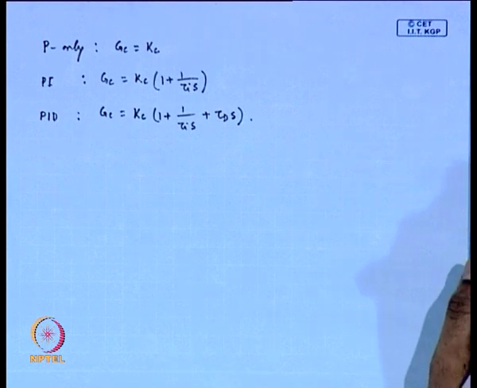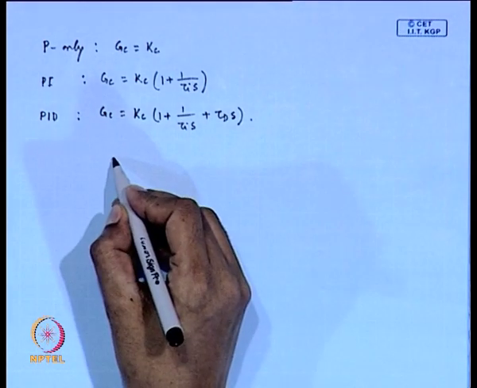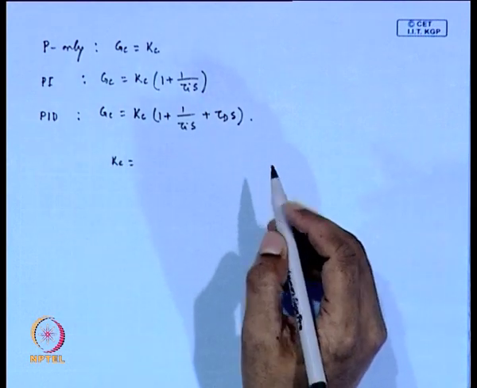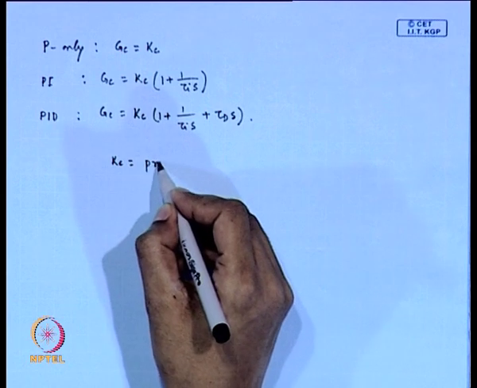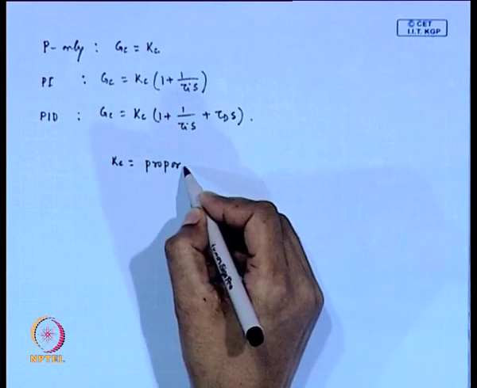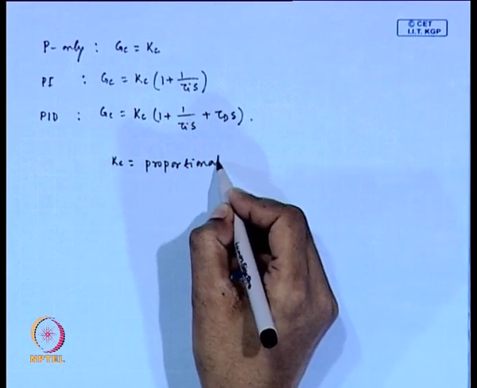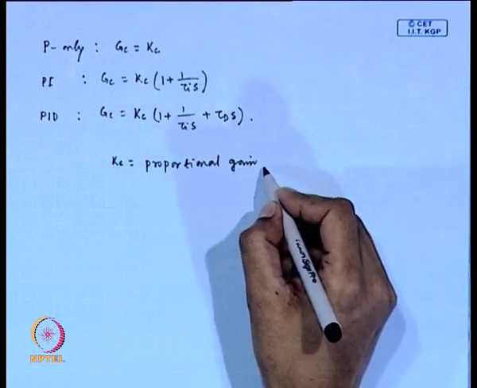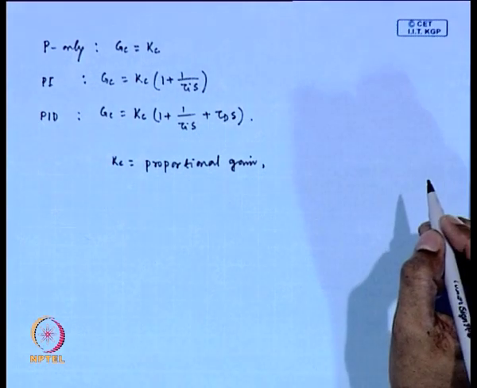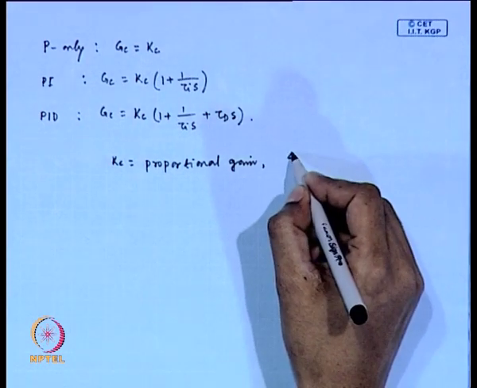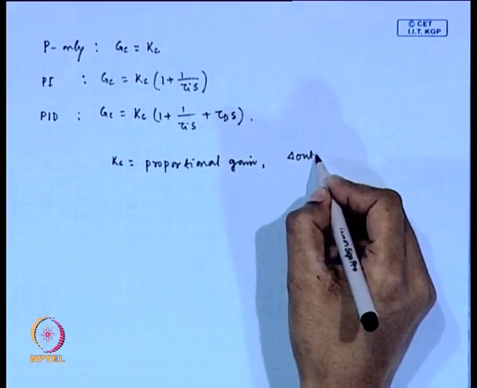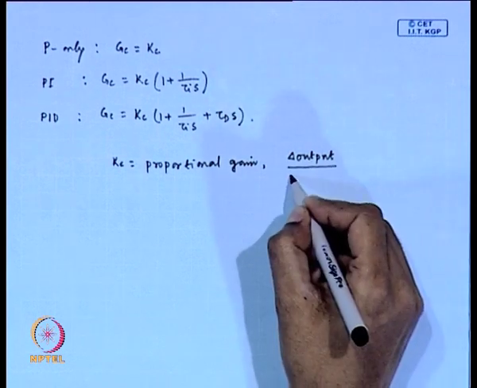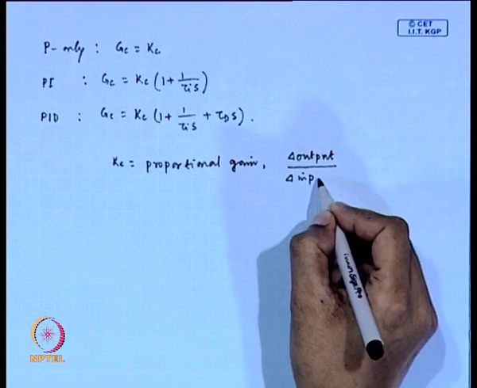Fine. Now, here K c is basically the proportional gain, and this gain equals change in output per unit change in input.